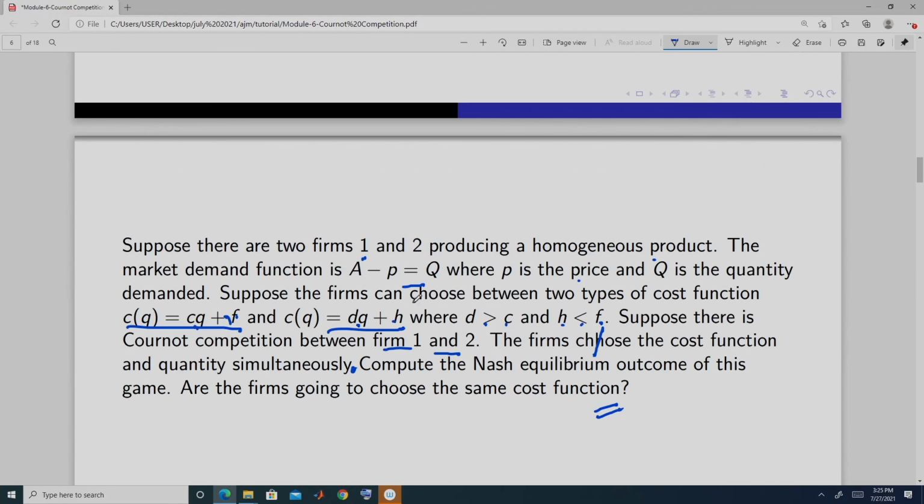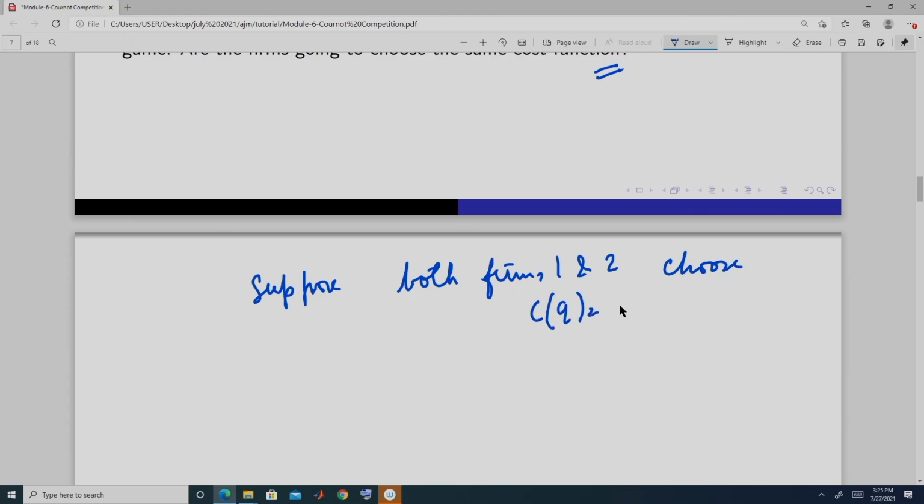Now, in this case, suppose both farms 1 and 2 choose this production function.